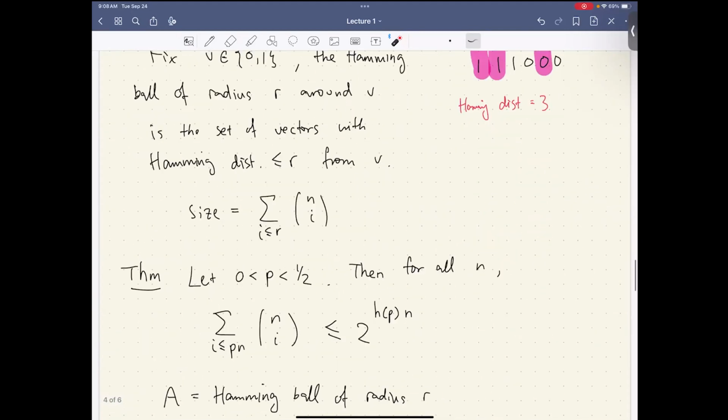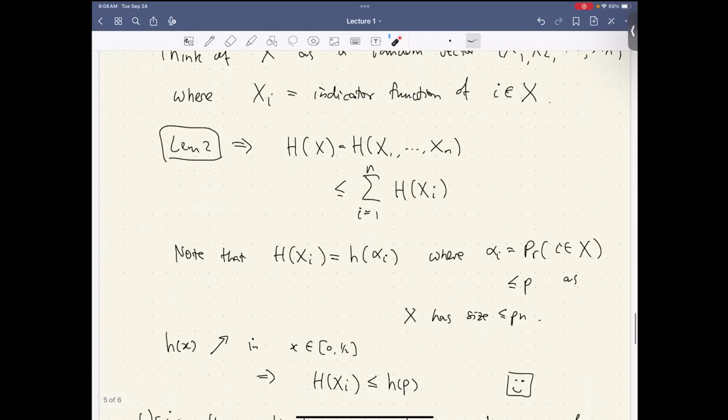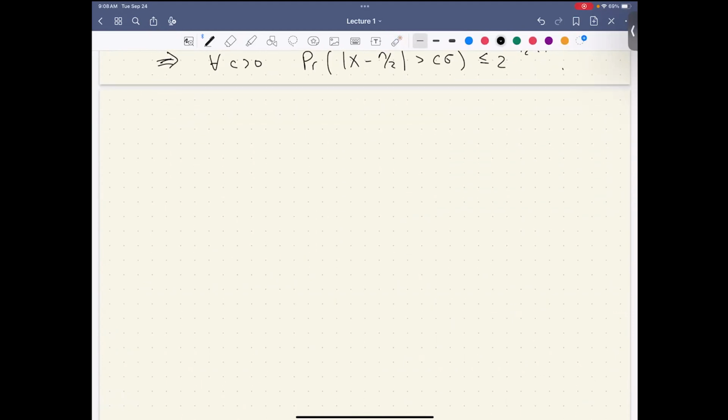But before that, let me define one more variation of entropy, which is called conditional entropy.